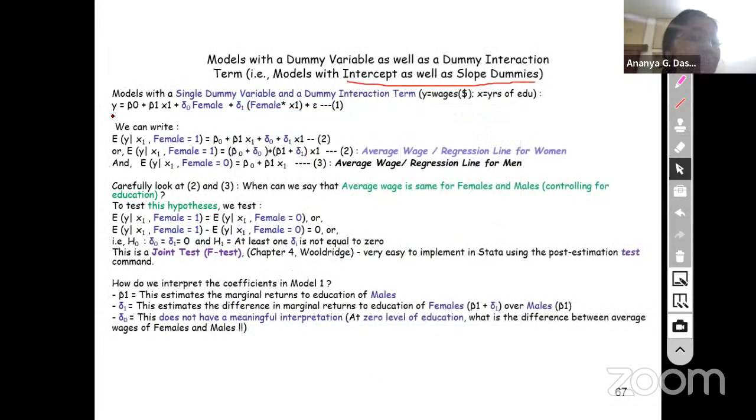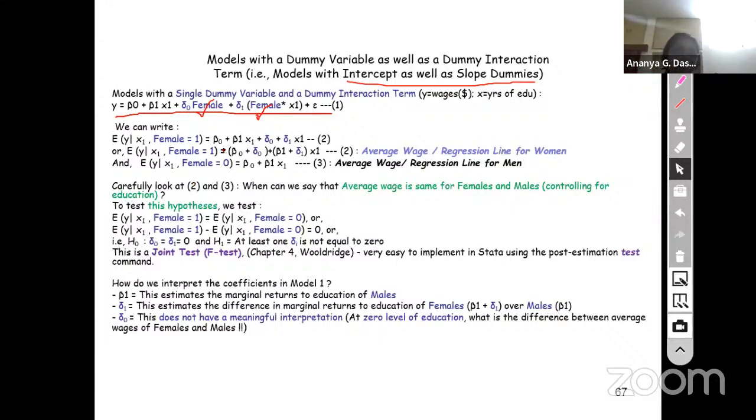So suppose you have a model like this, okay, where you have a dummy such as female, right? And what you do is you also interact, or multiply, the dummy with your X variable, okay?